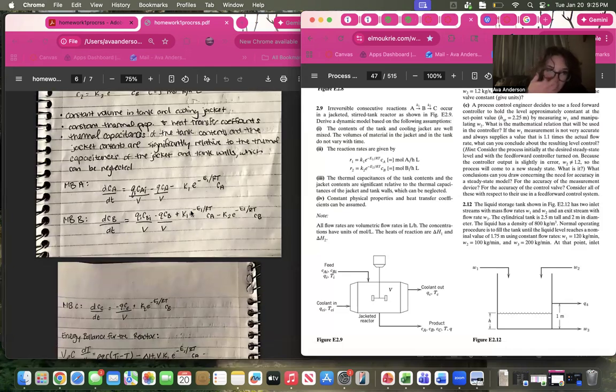So from there, just looking at A to start with, we can do dCA/dt. I didn't show this, but the V was also in here, but since volume is constant, you can factor it out and divide it through.